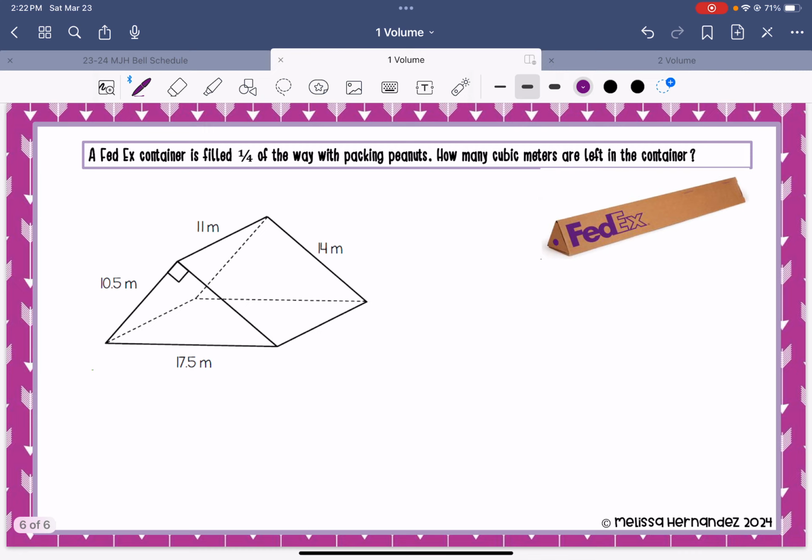It says a FedEx container is filled 1/4 of the way, or 25%, with packing peanuts. How many cubic meters are left in the container? So in other words, we only need to know 3/4. Okay, so I'm going to shade my bases. It's a triangular prism. There is 2 bases.